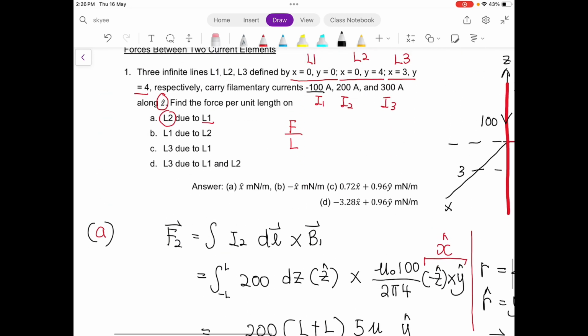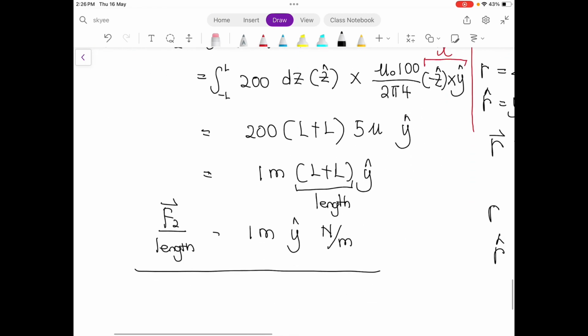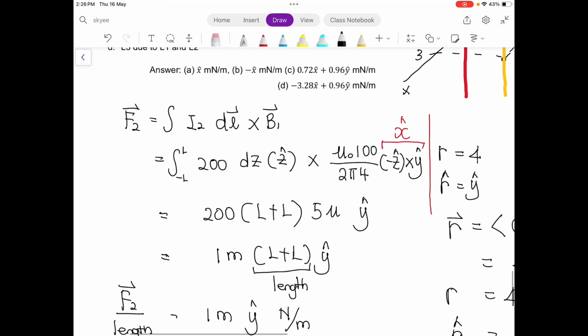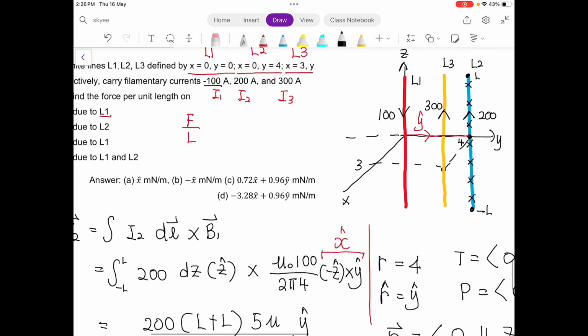X directions, 2 milli. Y is X direction. Let me double check. This is negative Z. I think this is correct.